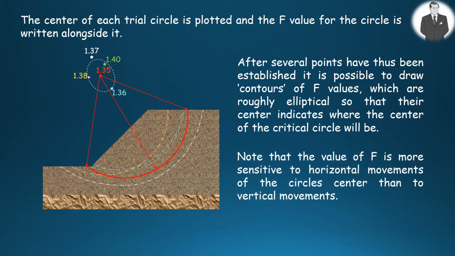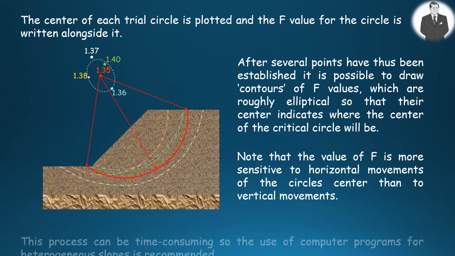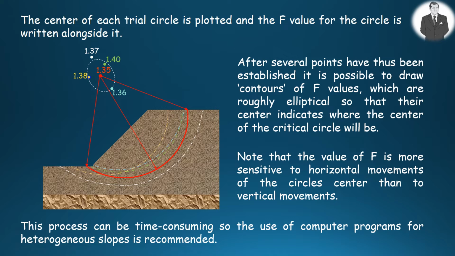Note that the value of F is more sensitive to horizontal movements of the circle center than to vertical movements. This process can be a time-consuming and tiring job, so the use of computer programs for heterogeneous slopes is highly advised.